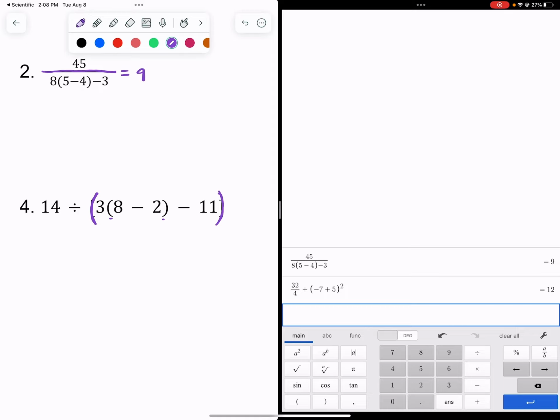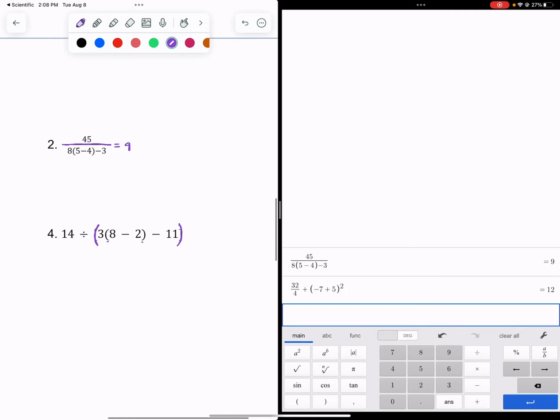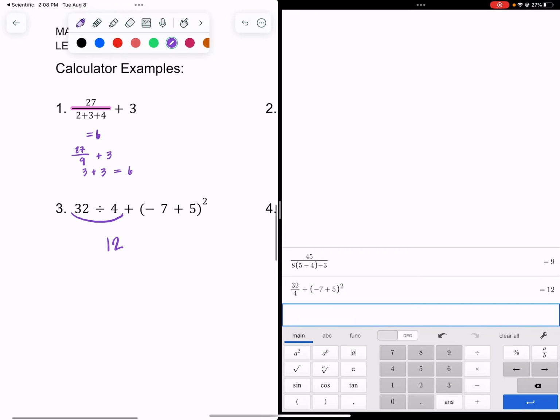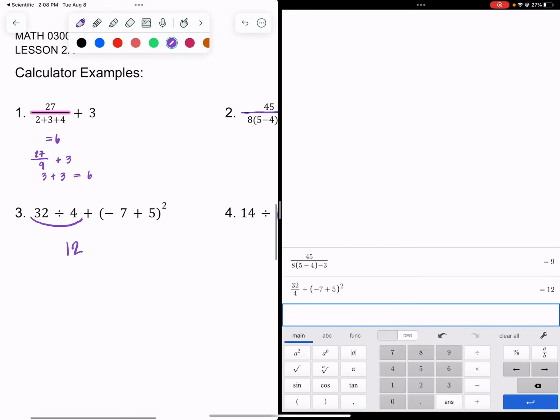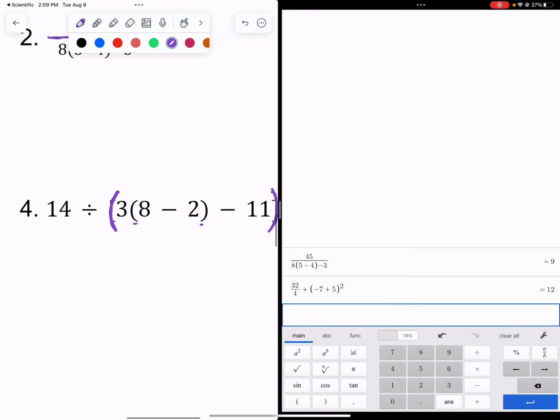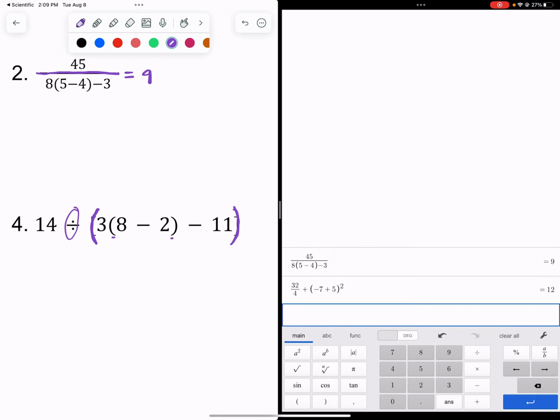Now, what I also want you to recognize is back here, oh, nope, over here. This division only applied to the 4. This time, the division is applying to everything back here in the parentheses, so that's going to change how we enter it.